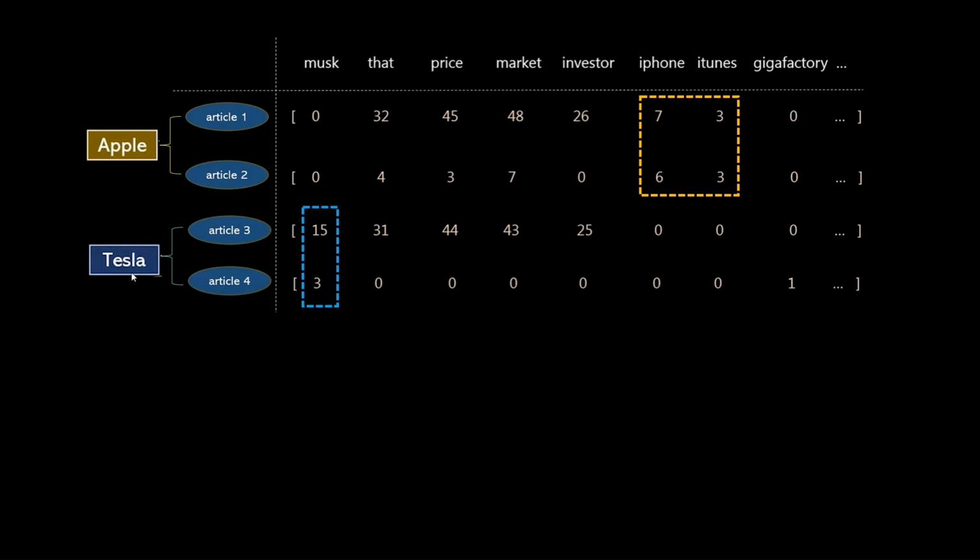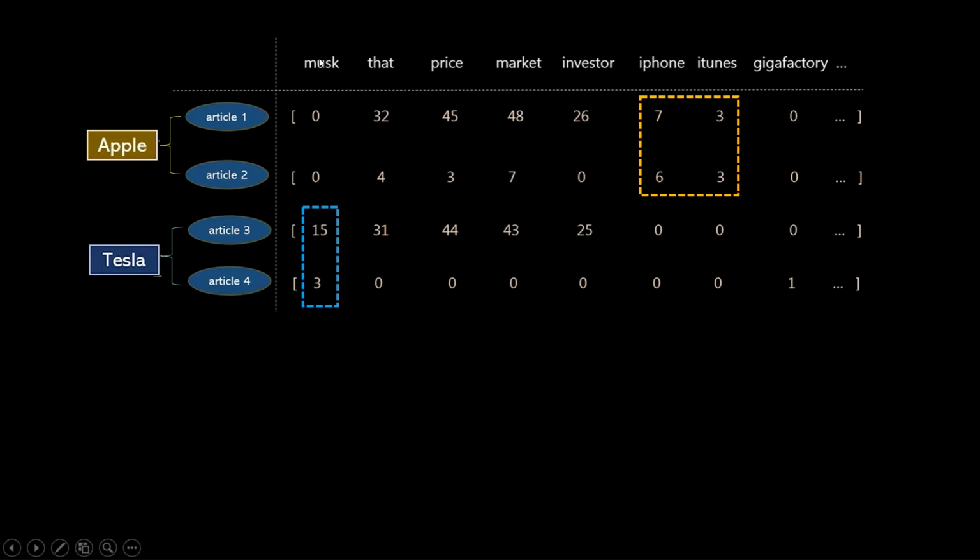Okay? But if you look at the other terms, such as price, market, investor, etc., these are very generic terms that can appear in every article. iPhone and iTunes are terms related to phones and the phone company.